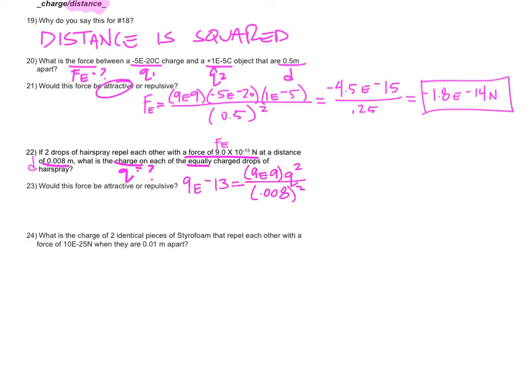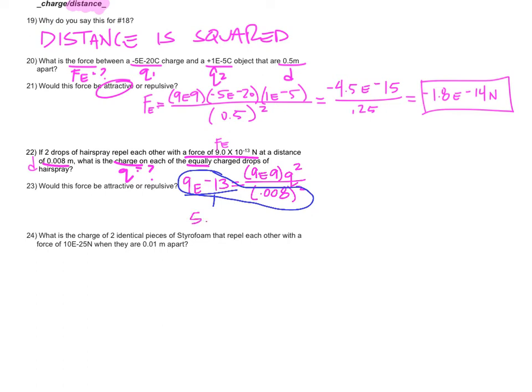Okay, so I've got Q in the numerator, and it's part of a fraction, so I want to set up a fraction on the left by putting it over 1. So now I can cross multiply. So 0.008 squared times 9e negative 13, and when I multiply those two together, I get 5.76e negative 17.